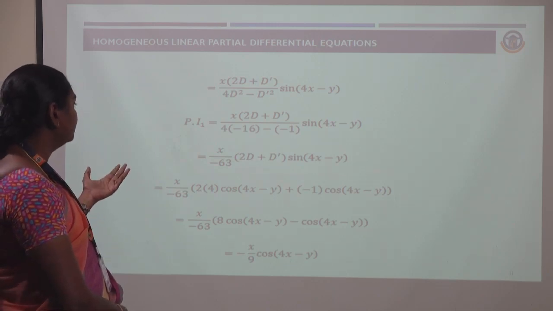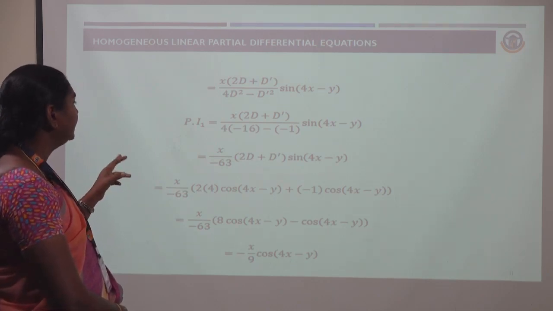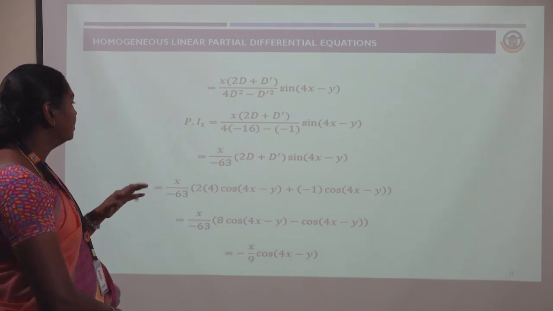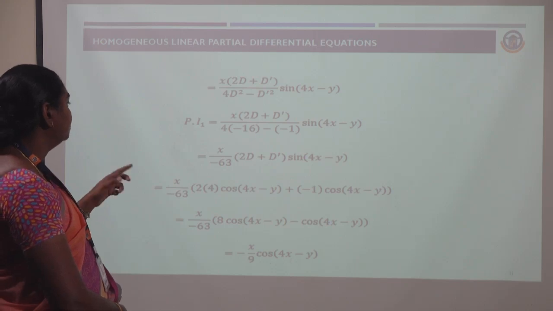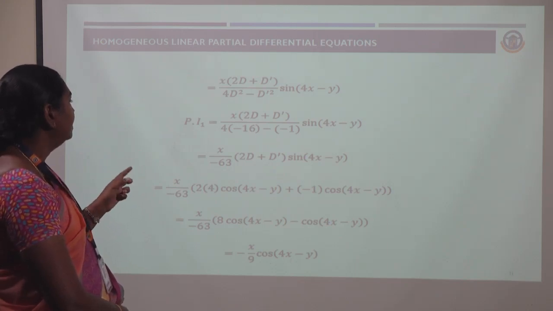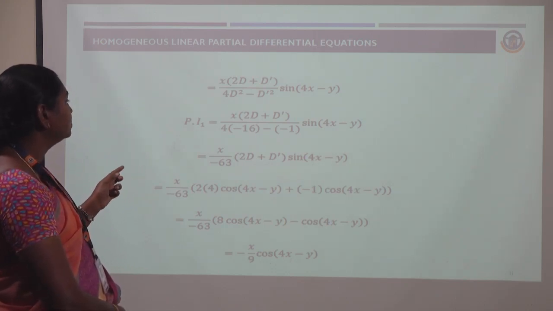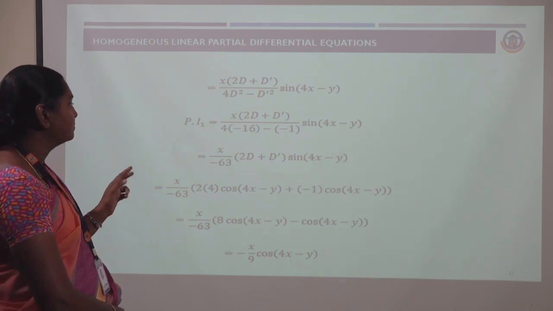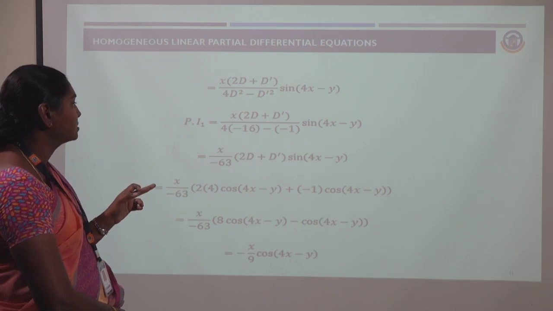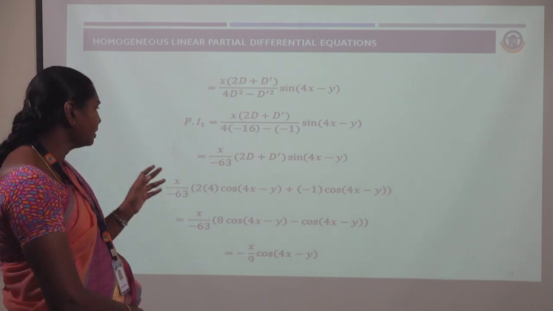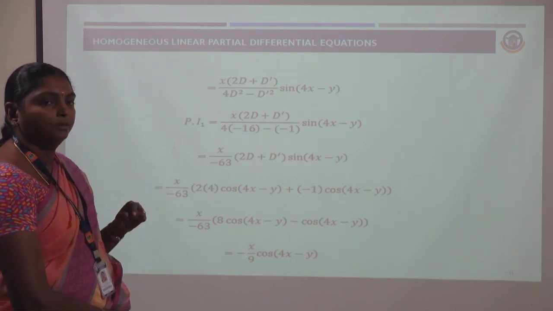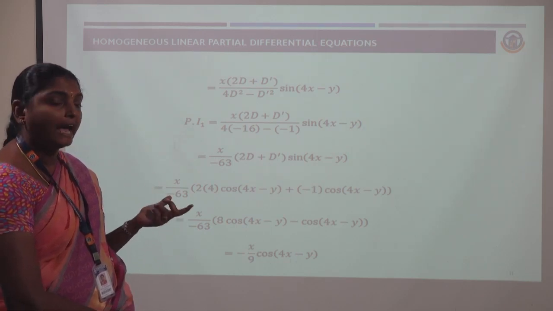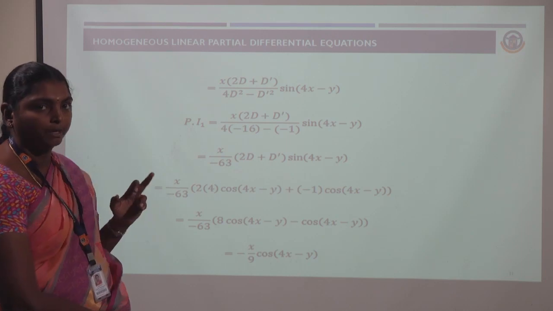Then in the numerator we have D dash. There is no derivative in the solution, so you must multiply this. When you multiply 2D in sine, we get 2D into sin(4x minus y). And when you multiply D dash, we get D dash into sin(4x minus y). D means you must differentiate with respect to x, and D dash means you must differentiate with respect to y.